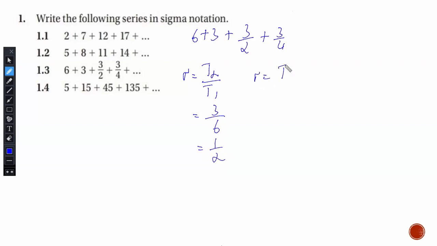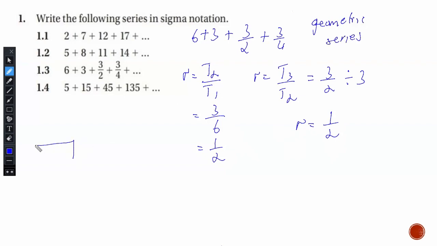And then if we do it for T3 over T2, we're going to have 3 over 2 divided by 3, which is still going to give us 1 over 2. So if you punch that into your calculator, you get 1 over 2. So now we have what we call a constant ratio, which makes this a geometric series.